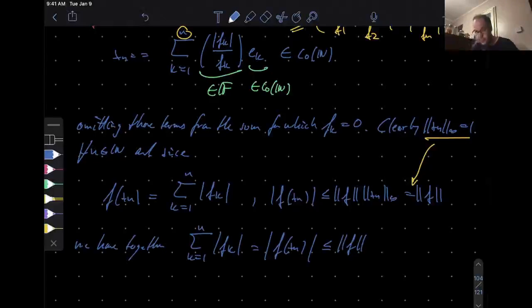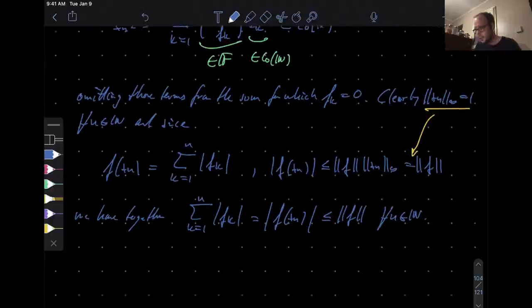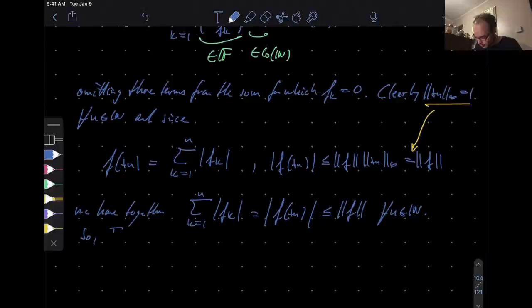And this holds true for any finite n, for all n in N, hence the sequence of the f_k's is summable. It's kind of like a Bessel inequality. So the sum from k=1 to infinity of |f_k| is less than infinity, meaning the f_k's put together in a sequence form a summable sequence. That is the one step that you have to do here additionally compared to the previous example.